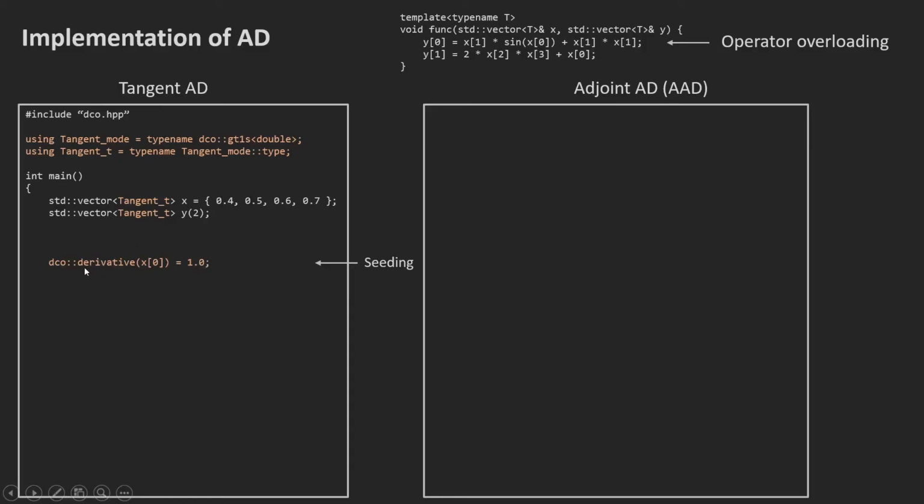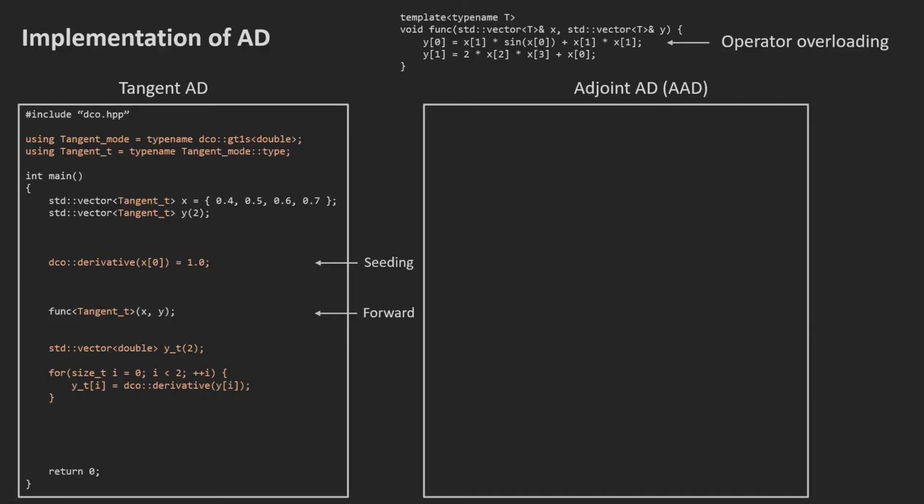We set the tangent derivative to be 1 for the variable of interest, and all the other tangent derivatives will be 0 for the rest of the variables. After that, we do the forward scan. At the end of the scan, we automatically get all the derivatives, and we just need to extract them from the output values. As we can see, they're all carried around by y here.